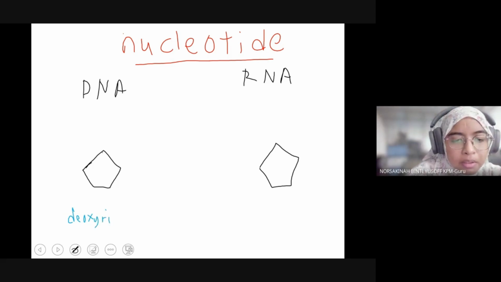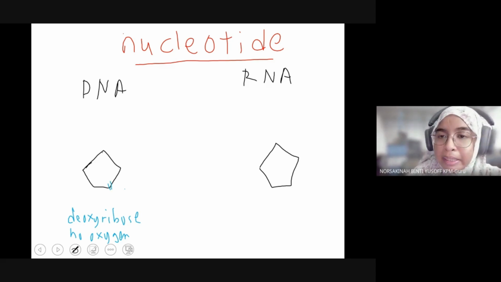Deoxyribose. Now, why is that? Because de- means no oxygen. What does no oxygen mean? It means that here at the carbon over here, there will be no oxygen. But here in the RNA, there is oxygen over here.